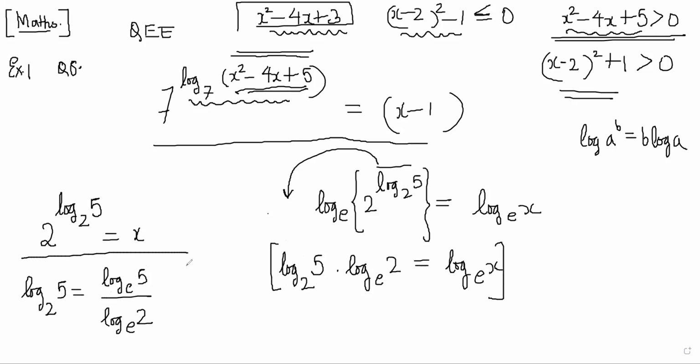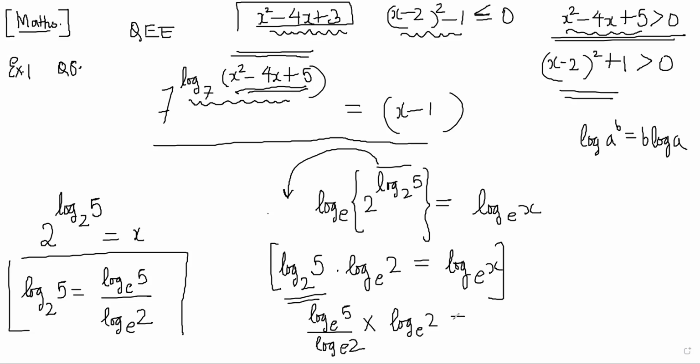If you are aware of this property, then this is over, because I will just write log base 2 of 5 here as log base e of 5 by log base e of 2, and you have to multiply it by log base e of 2, and that is equal to log base e of x. So log base e of 2 and log base e of 2 cancel. Finally you are ending up with the equation log base e of 5 is equal to log base e of x.